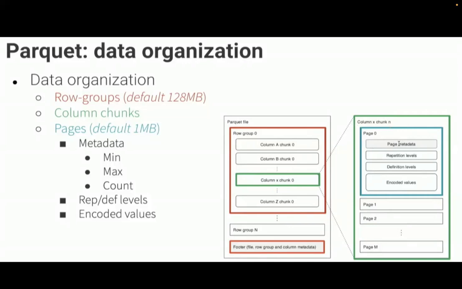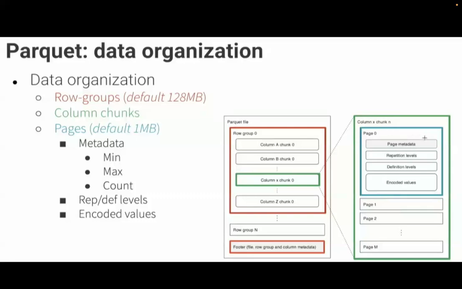It will just read this metadata to identify whether it should read this page or not. If the metadata contains the minimum and maximum values that are used by the user, then only it is going to read this page. Otherwise, it will skip this page and move to the next page. Similarly, for each column chunk, it is going to read the page metadata and see whether it needs to read the page or not. This is going to reduce the performance overhead, right?